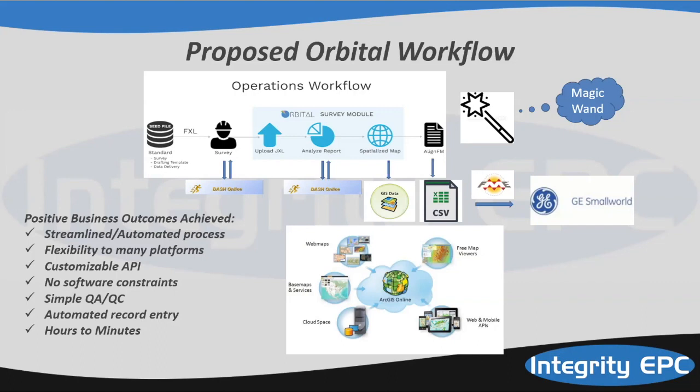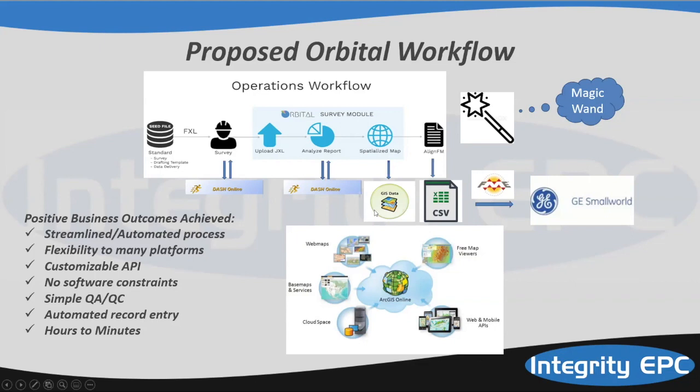So if you're using web mapping services or AGOL online, you can export a GDB and then import that data into your web map. So a couple of options, a little bit more flexibility that's coming out of the module, and that all happens very quickly.